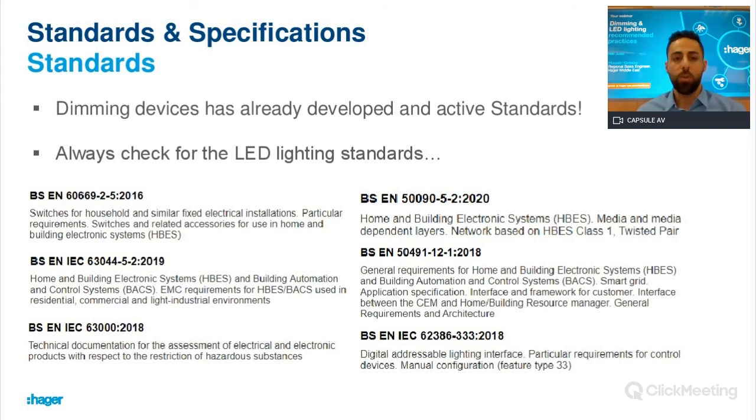Our dimming devices, the dimmers, already have developed and active standards, test certificates, and the necessary conformities. What is still evolving every year, with new standards, is LED lighting. When we say new, it's not an upgrade; it's a brand new standard. So always check for LED lighting.